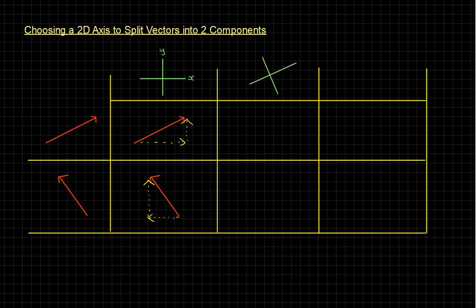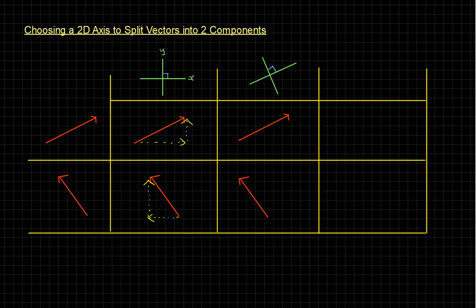Now remember, it is important that you've still got a 90-degree angle in your axis. And then let's just see geometrically, not doing any calculations, what does this actually look like? In the first case, that one's a bit tricky actually.